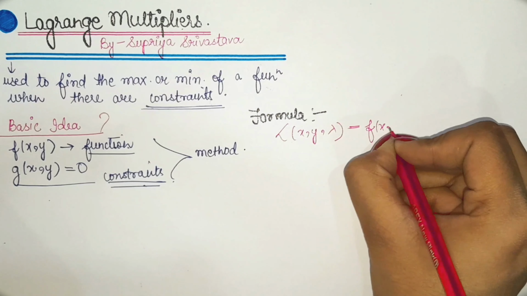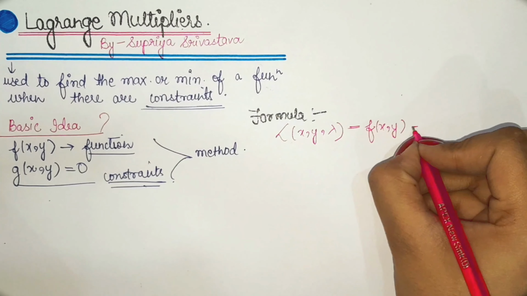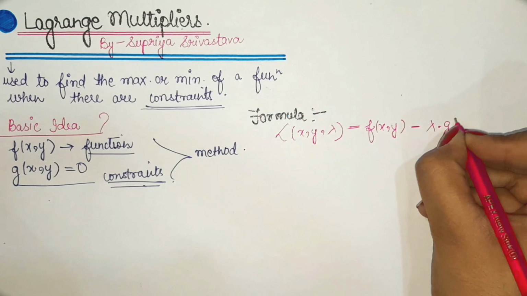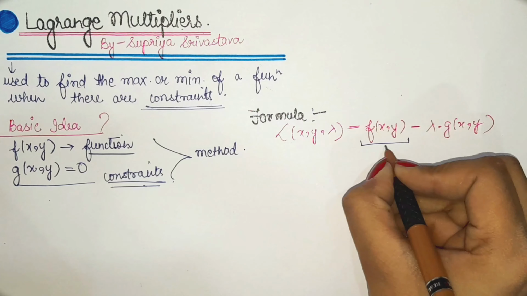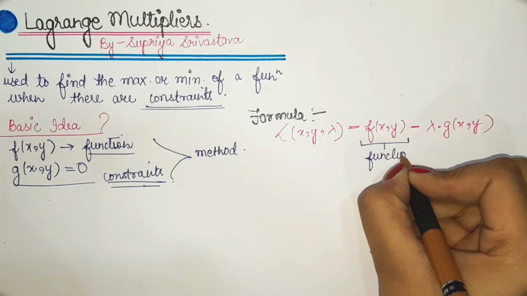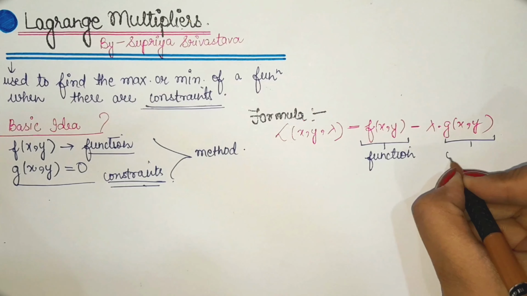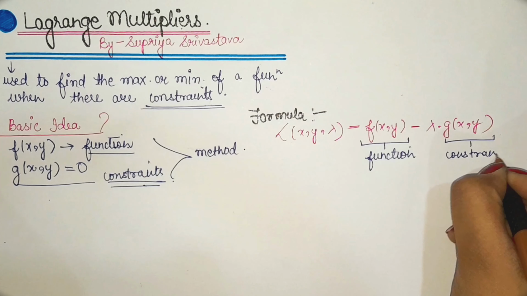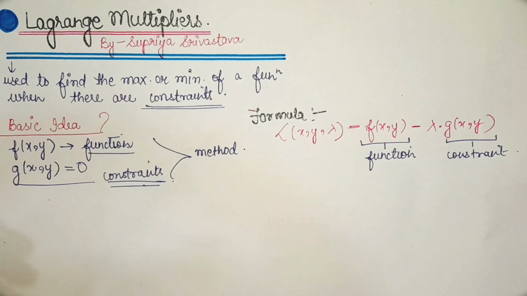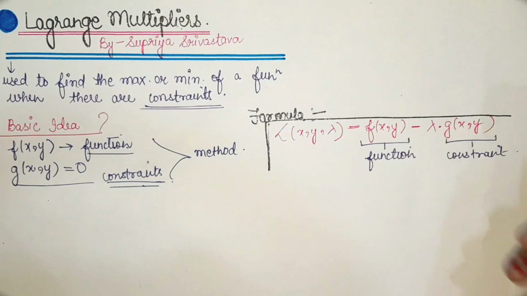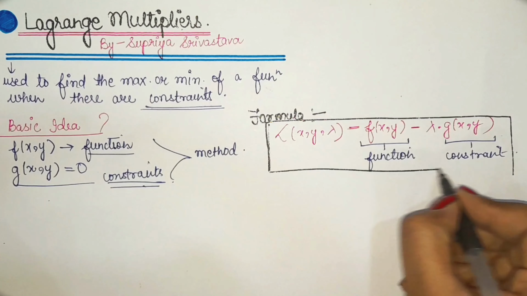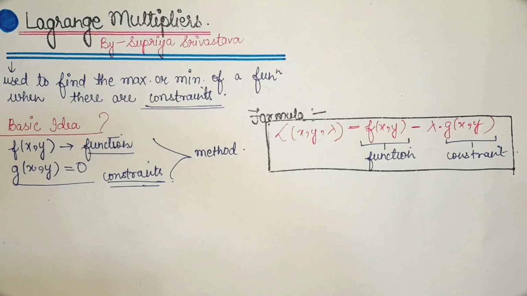Equals f of x comma y minus lambda into g of x comma y. Here I have already explained that f of x comma y is the function, and g of x comma y is the constraint, okay. So I'll use this formula in order to set up my Lagrangian. What is a Lagrangian, where and how it is used, I'll explain briefly. Okay, for now you should know this is my formula. We'll be using it in our upcoming numerical question, right?